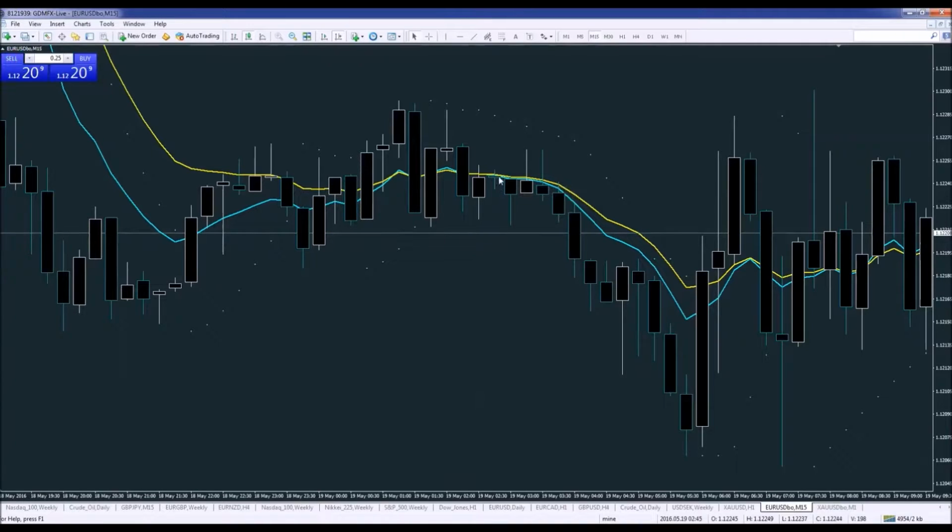But first of all, we have already taken the opportunity here. Prior to that, we have the parabolic changing direction. For a confirmation, we wait for a crossover of the moving averages. It occurs somewhere between these two sessions.